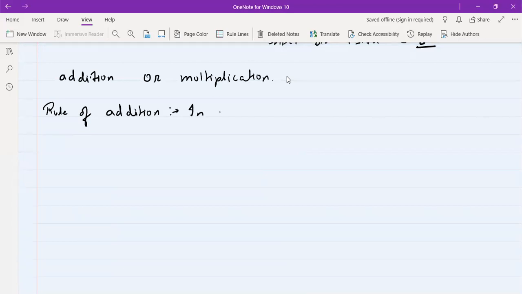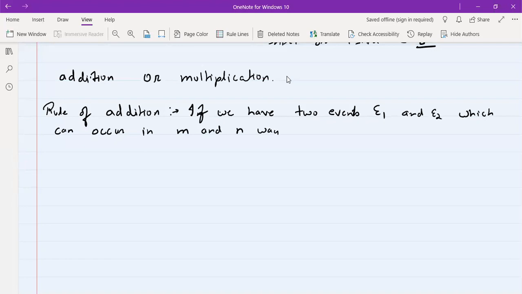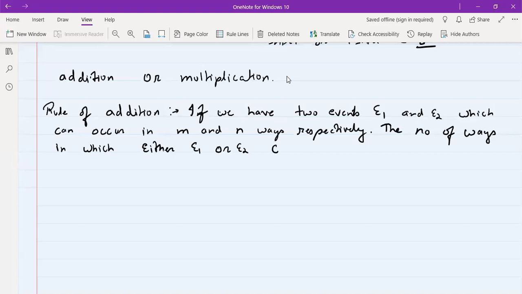Now, if we have two events, E1 and E2, which can occur in M and N ways respectively, then the number of ways in which either E1 or E2 can occur, tell me what it will be.